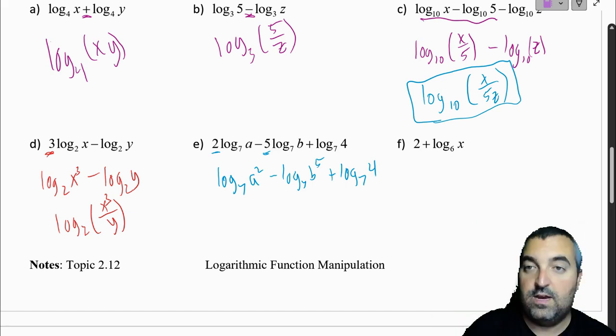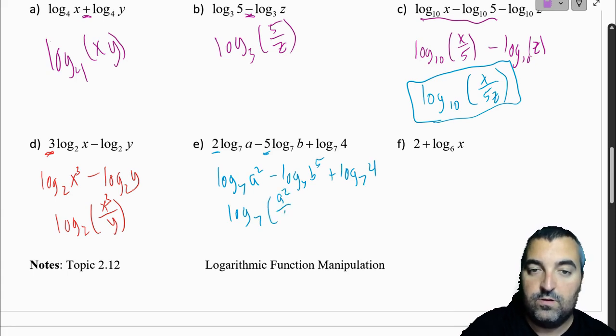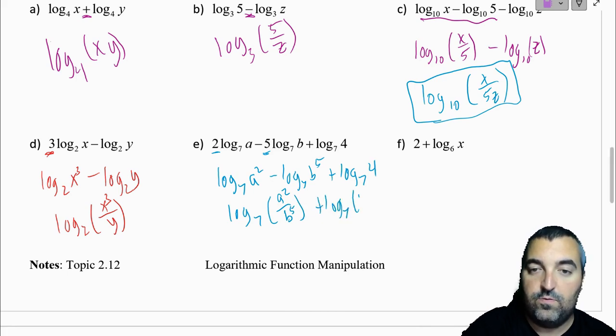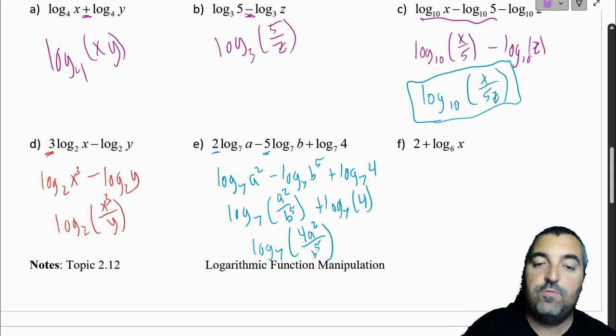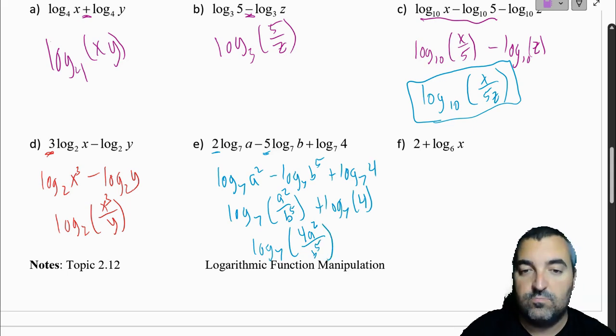Just like the other one, I'm going to do this in 2 steps, but you might be able to do it in 1. So I would say, okay, subtraction, a squared over b to the fifth, and then I'll have log base 7 of 4. Well, adding now means multiplication. So again, hopefully nothing too crazy there. And when we multiply by 4, it's 4 over 1, so that's why it's just 4 in the numerator.